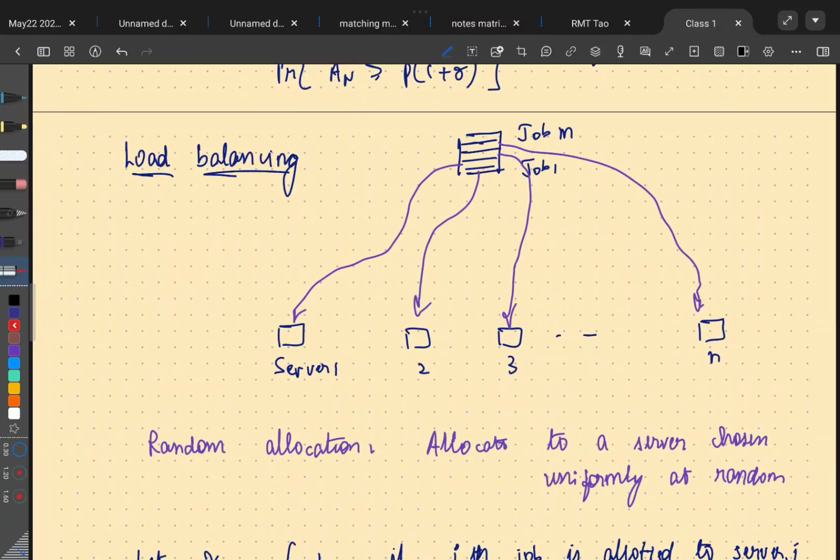So in an example, sort of almost a toy example, where you have n servers and m jobs, and each job is independently and uniformly allotted one particular server.